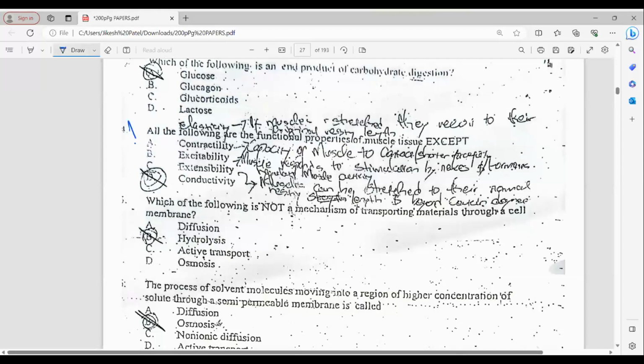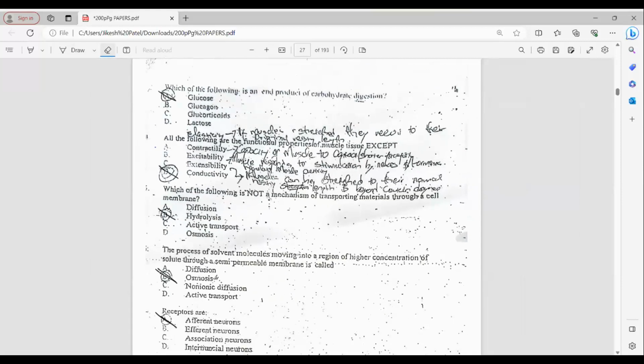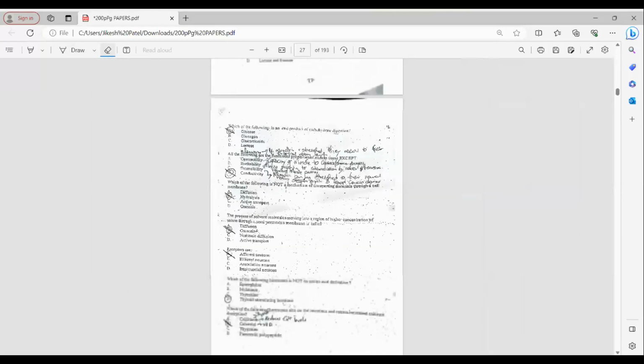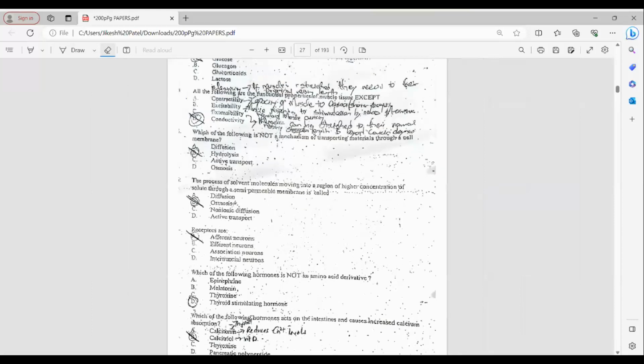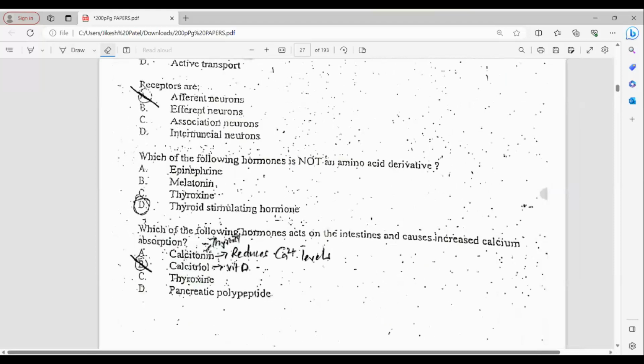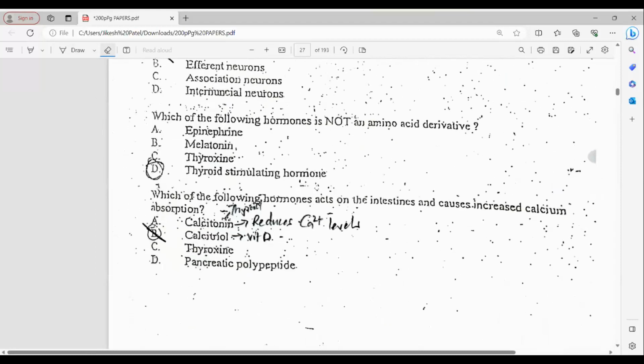Okay, functional properties of muscle tissue except... I don't know if we've covered this, or we'll be doing it under physiology. After that, these are just physiology questions.